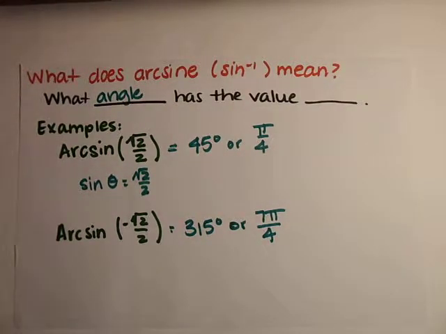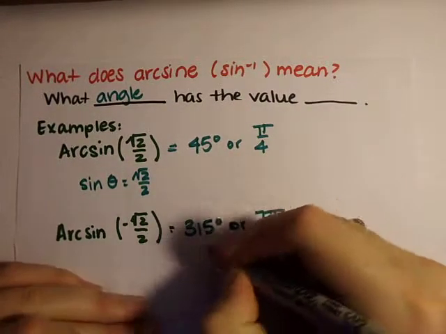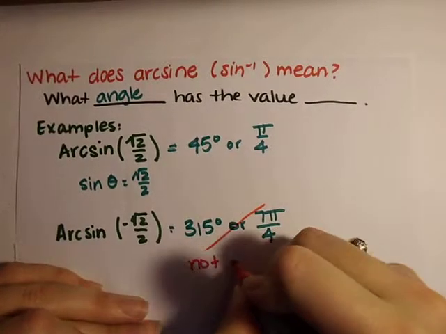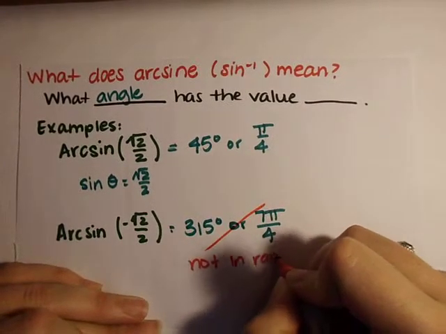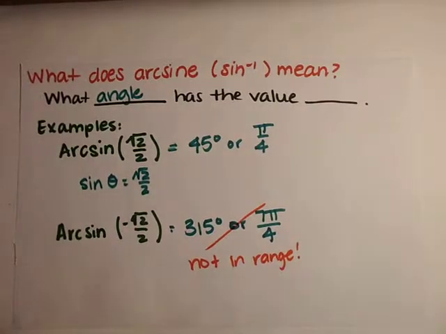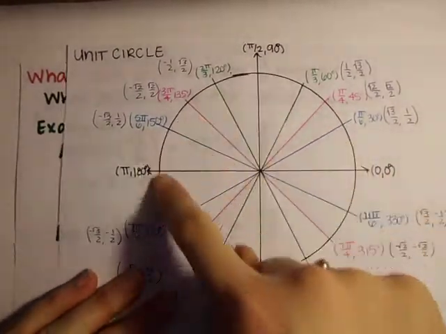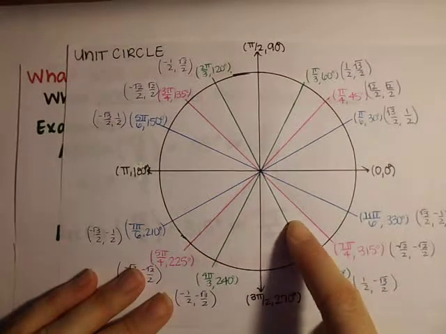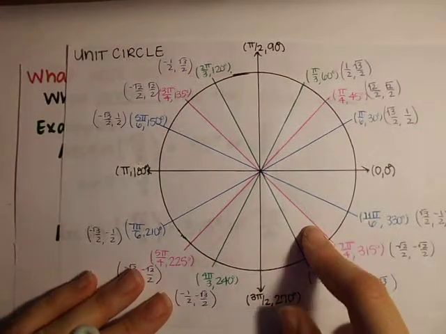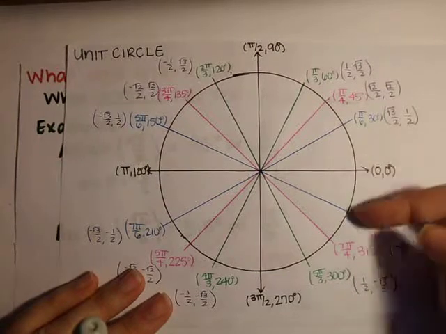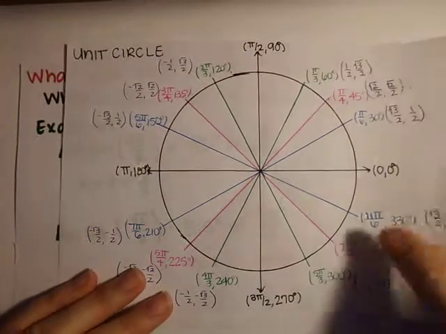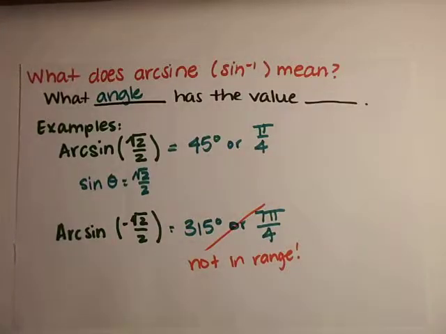So since it's not in our range, we're going to have to change it a little. Going 7 pi over 4 means we start here and we go all the way around to here. Well, another way to get to the same angle, a coterminal angle, is just to go down. That'll give us negative 45 degrees, or negative pi over 4.